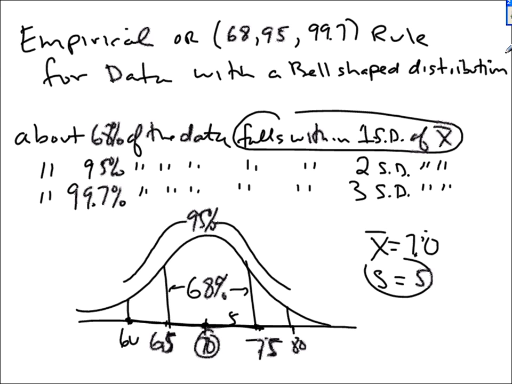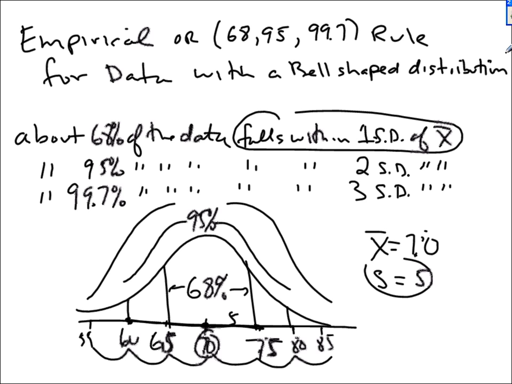If you go 3 standard deviations, you go 5, 5, and then 5 again: 85. Between 55 and 85, almost all the data, close to 100%, will be there. Just take the mean and add the corresponding number of standard deviations, or subtract.